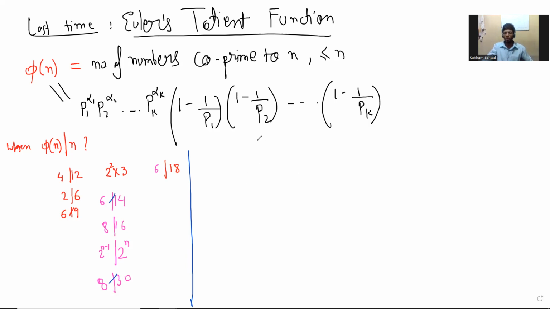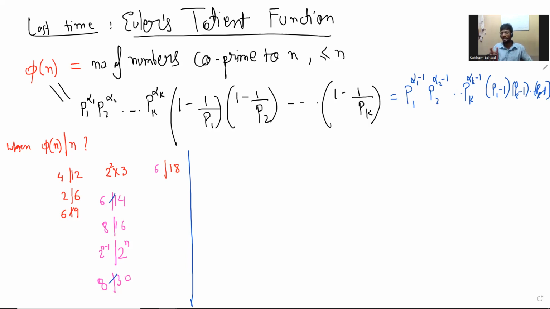Why you should have a 2 is because, see, this number can also be written like this: alpha 1 minus 1, alpha 2 minus 1, and so on, till alpha k minus 1. And then you have p1 minus 1, p2 minus 1, till pk minus 1.